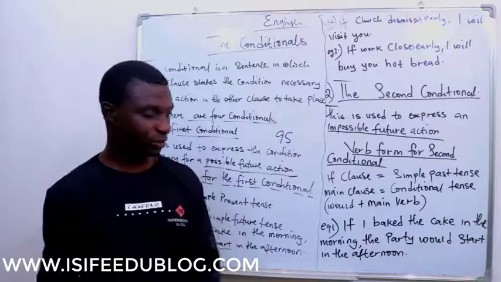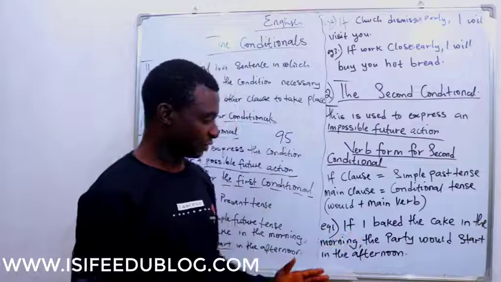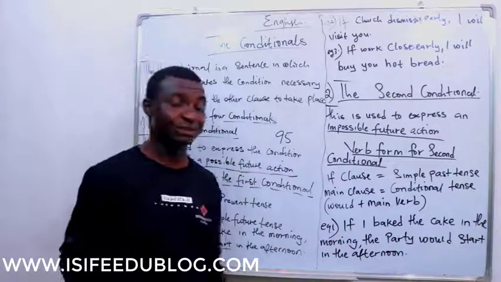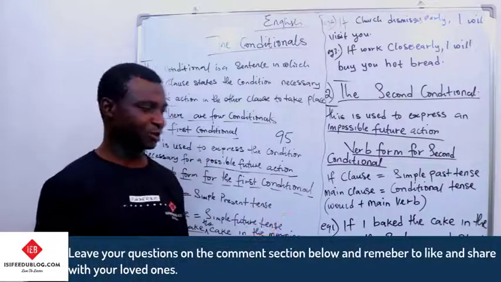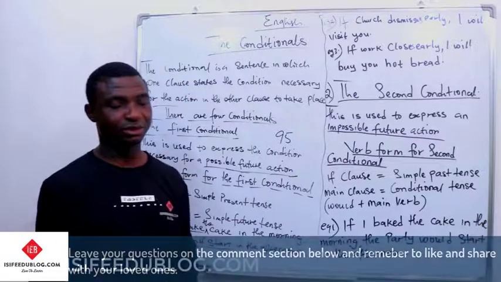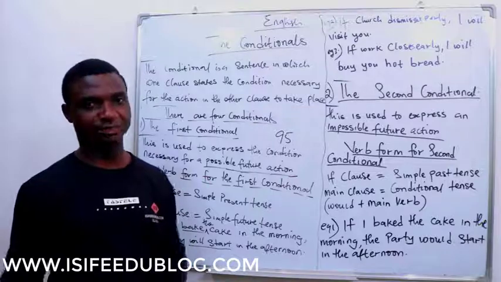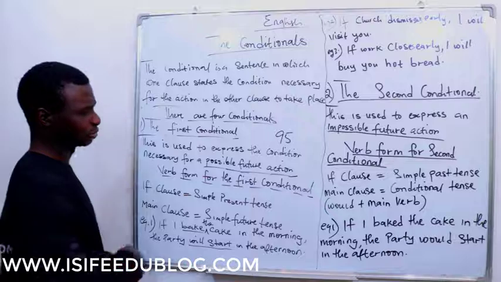This means it is not possible to bake the cake in the morning, and so the party taking place in the afternoon is highly no longer respected. So that's the second conditional.